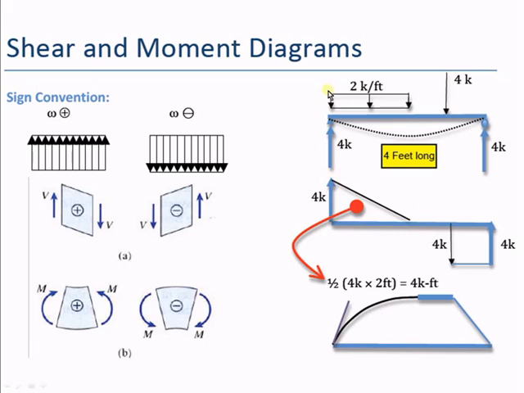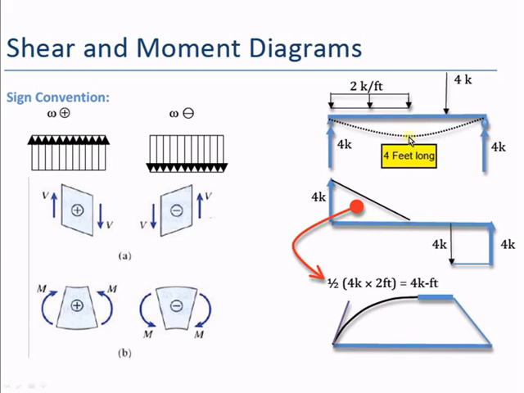And so because this is a constant value, you're going to have a constant negative slope until you get to this location. Okay, and so the change in shear is going to be equal to the area under the loading diagram. So the area under this rectangle will be the total change in shear from there to there. So 2 kips per foot times 2 feet. Okay, that's 4 kips. So the change is going to go from 4 kips positive down to 0.